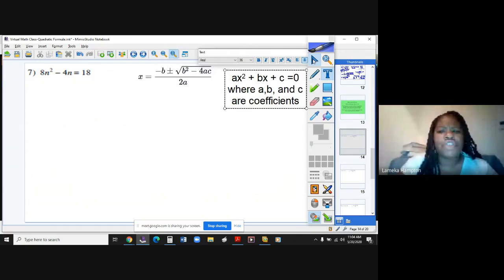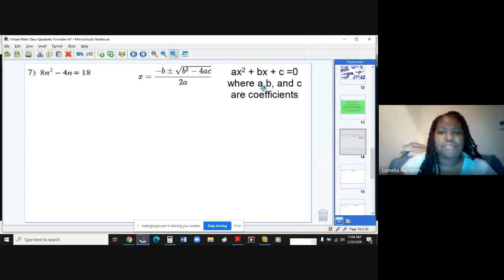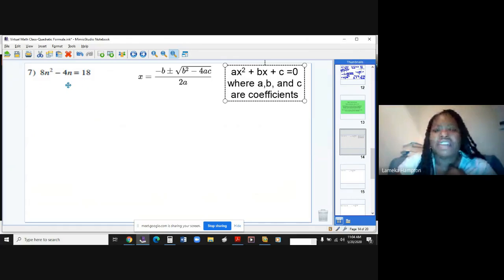So that's what you're used to seeing. You're used to seeing your quadratic equations written like a number x squared plus bx plus c, where a, b, and c are coefficients. Number seven doesn't look like that.